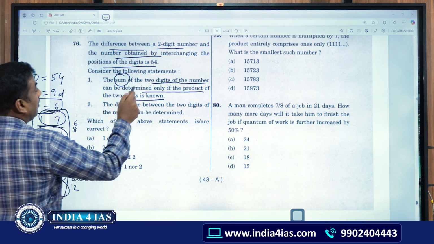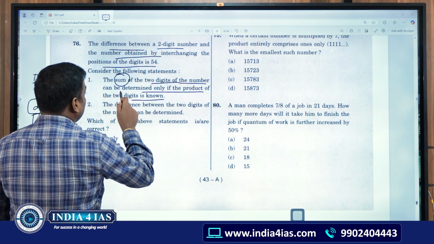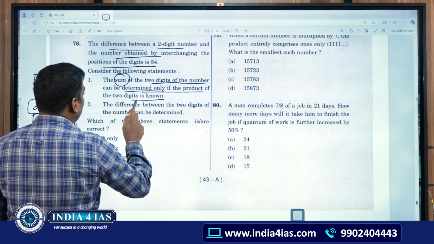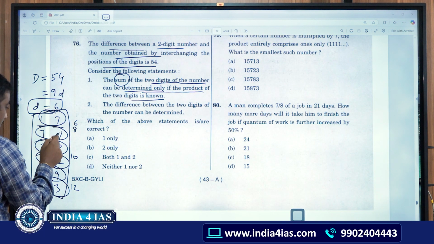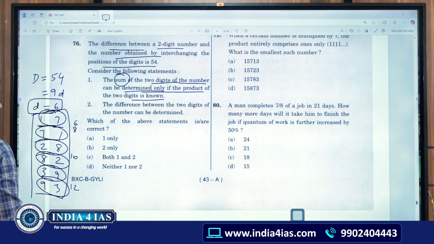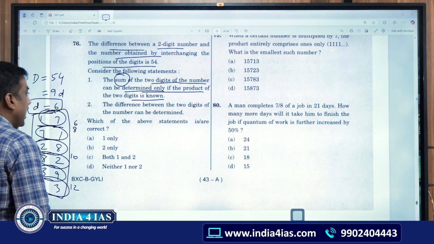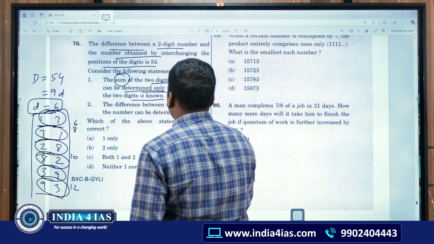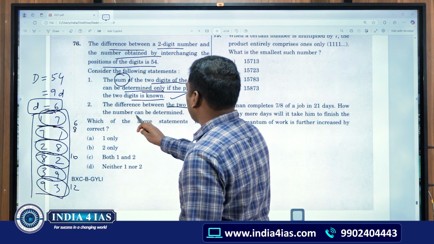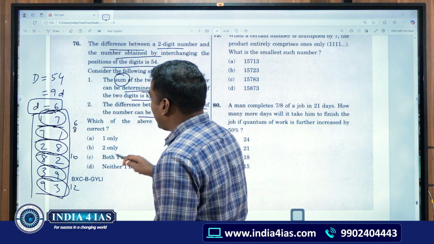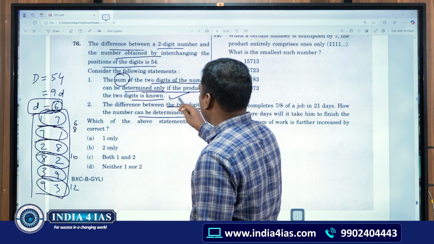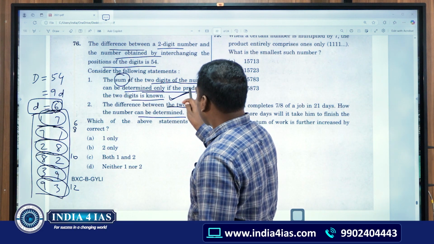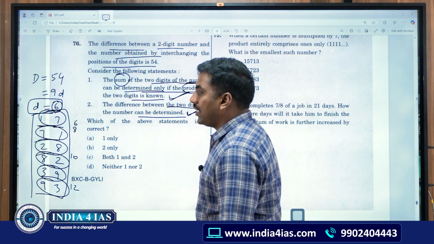They are telling that the sum of the two digits can be determined only if the product of the number is given. Here if they give 7, 16 or 27, I can get the answer. Then the difference between the two digits of the number can be determined. Yes, without anything, the difference between them is 6. So this is true for sure.